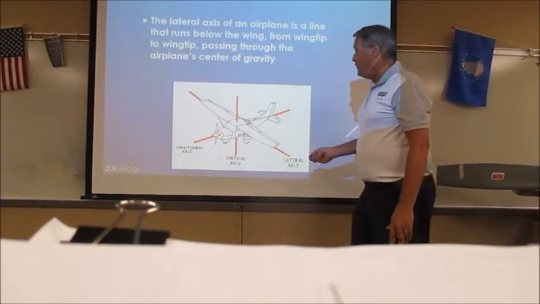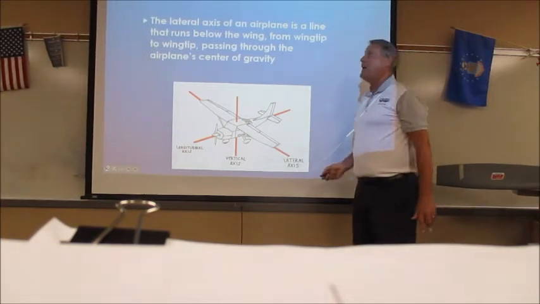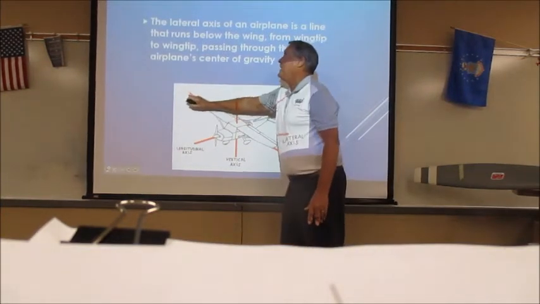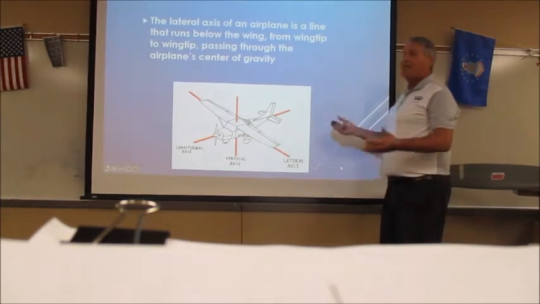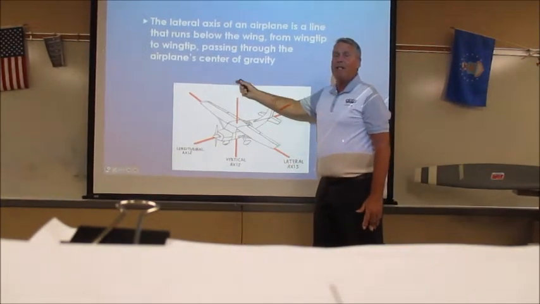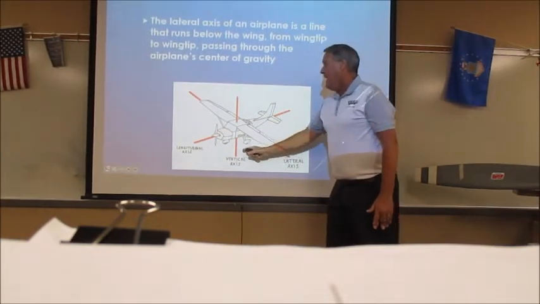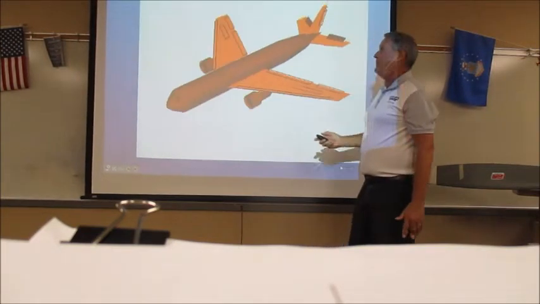So, flight controls along our axes of flight. The lateral axis is from wingtip to wingtip. The vertical comes up from the bottom to the top, and the longitudinal from the nose to the tail, and they all intersect at the center of gravity.